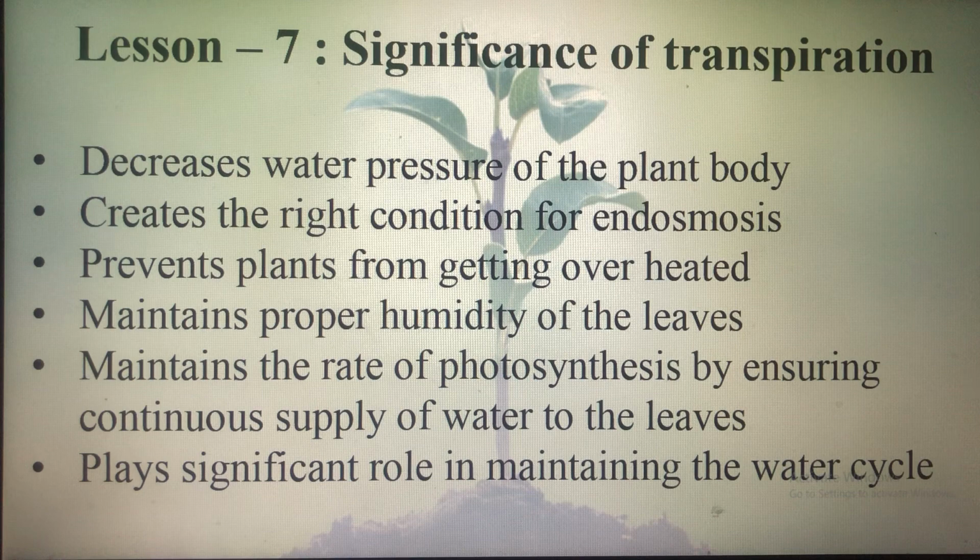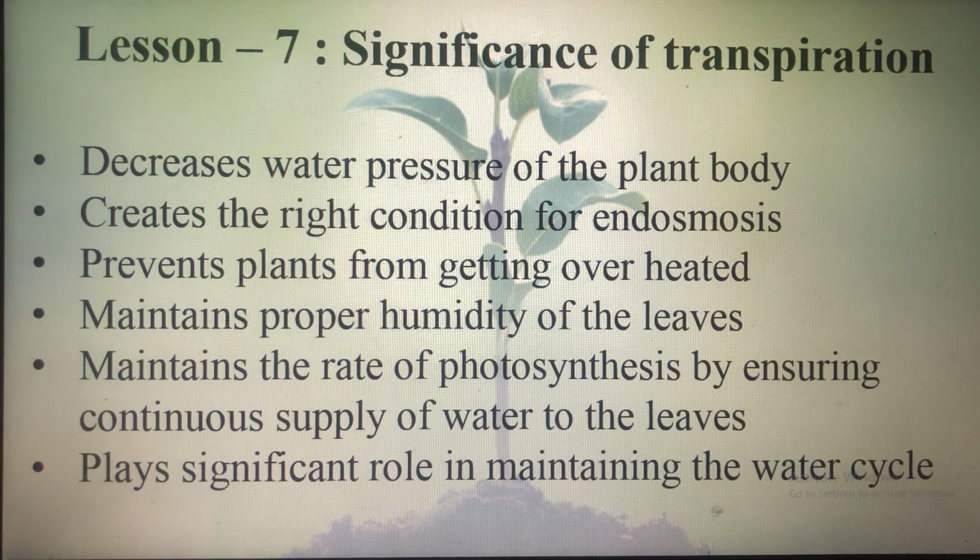As I have already told you, due to transpiration, endosmosis is facilitated or accelerated, and we know that during photosynthesis endosmosis is important, and through this endosmosis water reaches up to the leaf, which ensures the rate of photosynthesis.